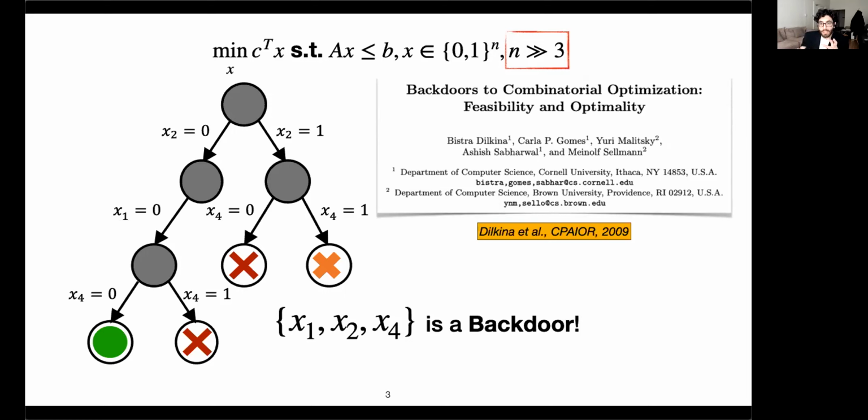In MIP, things are a bit more interesting than in SAT, naturally, as we all know and agree. There's this interaction between primal and dual that makes the definition of a backdoor more interesting or more rich. If you have an infeasible problem, then things are much simpler. You just need to be able to branch on a small set of variables such that you prove that the problem is infeasible.